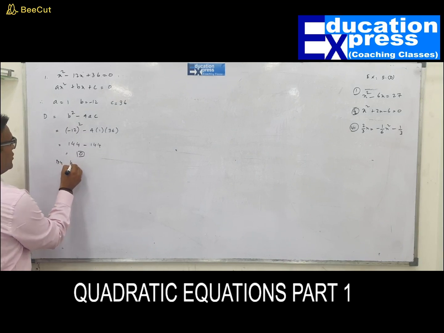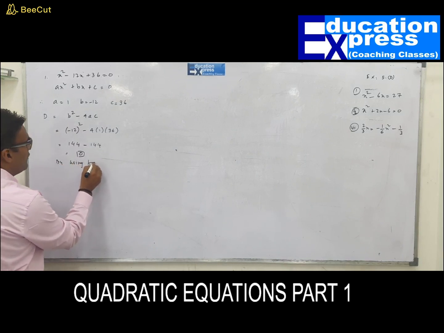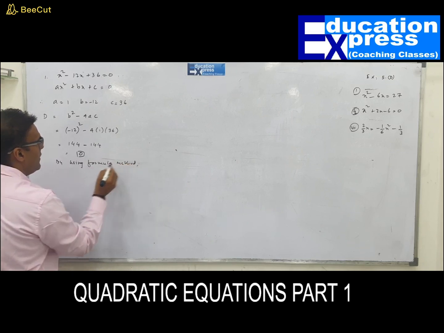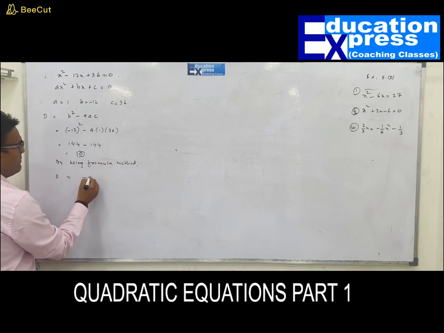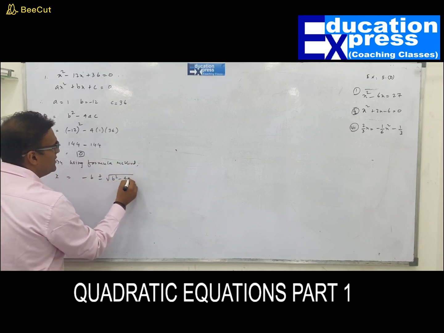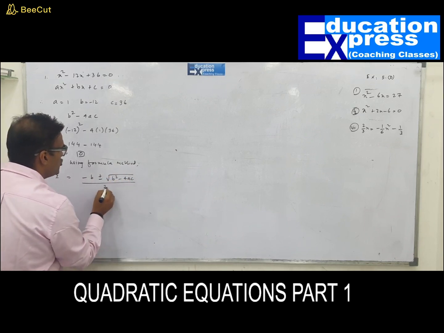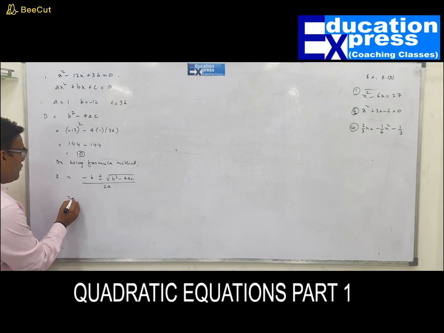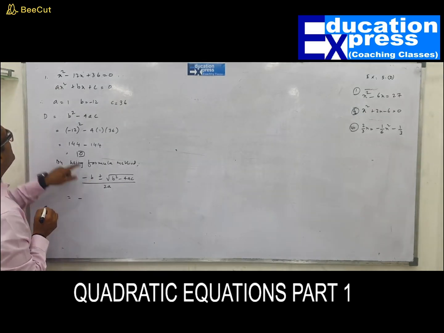By using the formula method, the value of x will be minus b plus or minus square root of b squared minus 4ac, upon 2a. This is the formula to find the roots of the quadratic equation. So minus, what is the value of b?